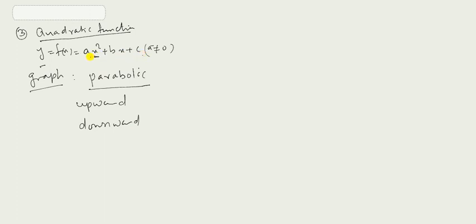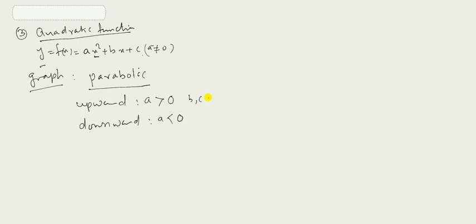If I take here A and C, then definitely if A is greater than 0, then it will be upward, and if A is less than 0, then the parabola will become a downward parabola. But for that, B and C must be of the same sign.